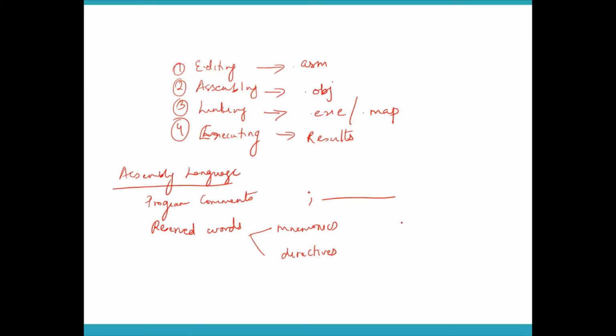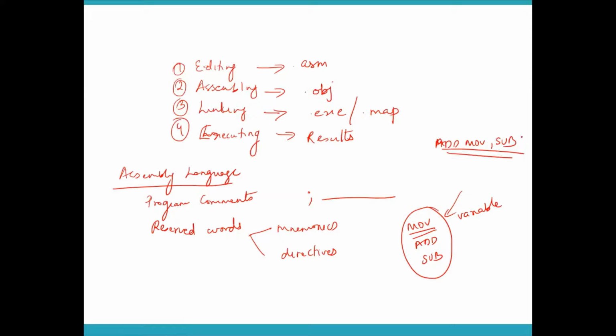See, for example, you have a mnemonic like mov, right? You have mnemonics like add, sub. All these are reserved words. You cannot use these words as variable names, right? Suppose if you write add mov comma sub, can you do this? You cannot do this, right? Because these are reserved words.